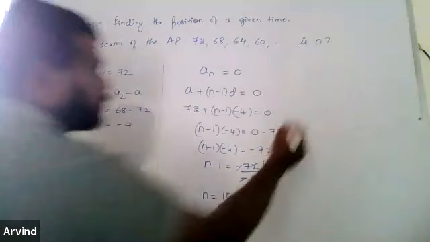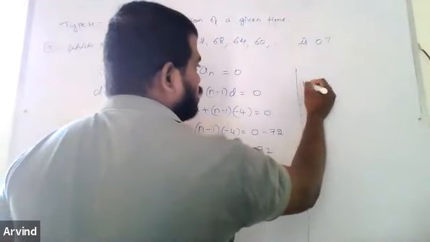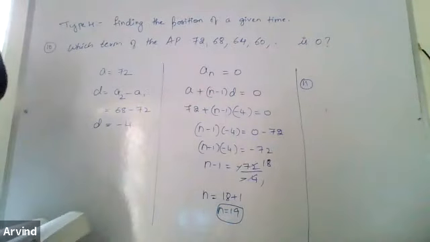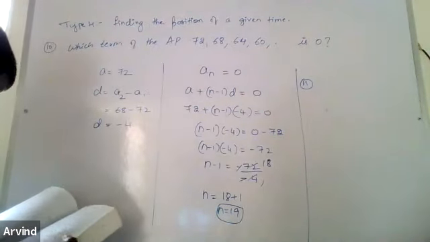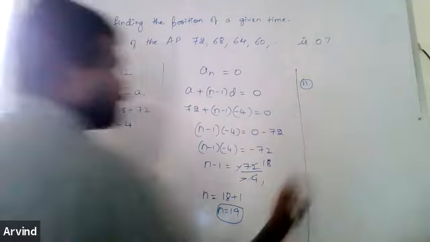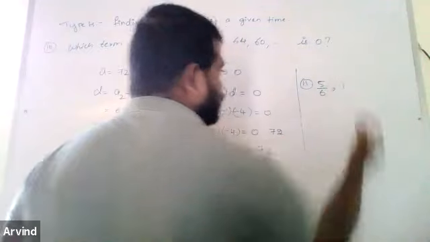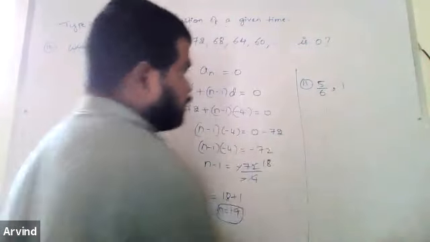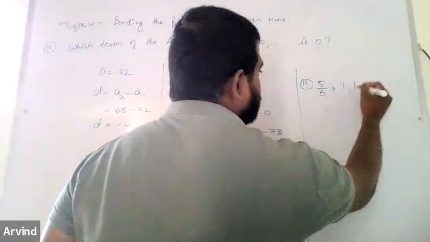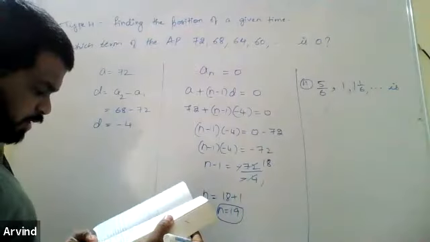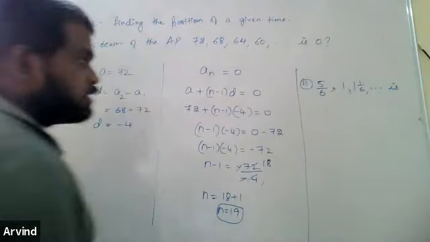I'll give 2 more problems. Please try it out. 5 by 6, 1, 1 by 6, and so on. Which term of the AP 5 by 6, 1, 1 by 6, and so on is 3?